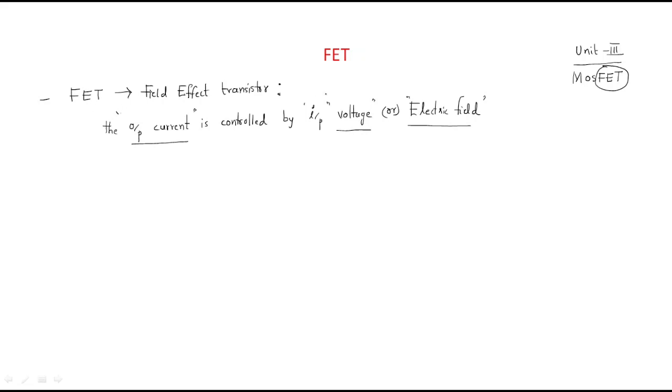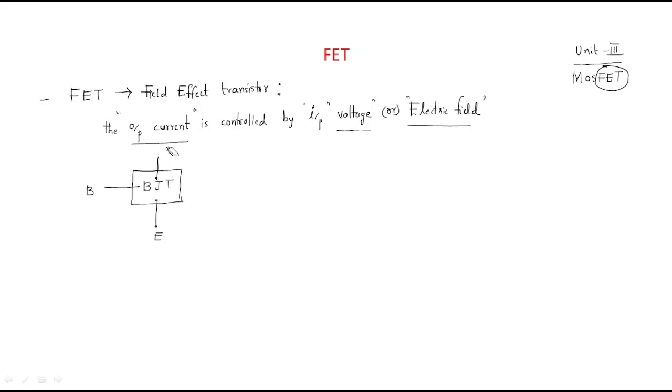To understand this, first we look at the BJT. BJT is a three-terminal device. It has the emitter terminal, the base terminal, and the collector terminal.